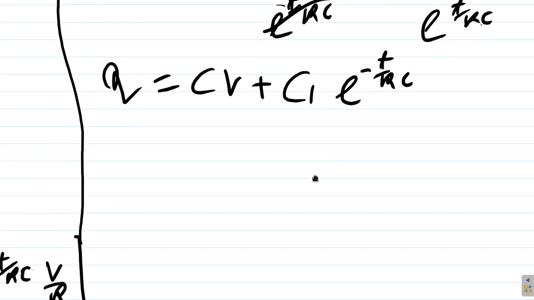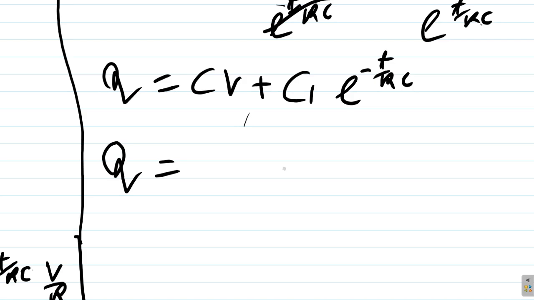So q is equal to CV plus a constant times e to the negative t over RC.